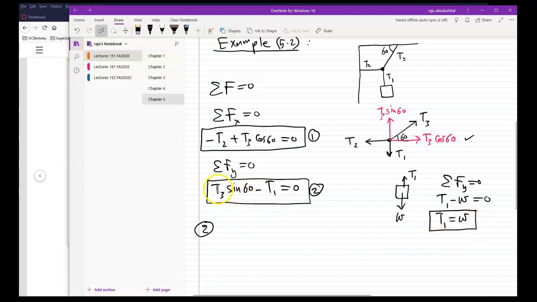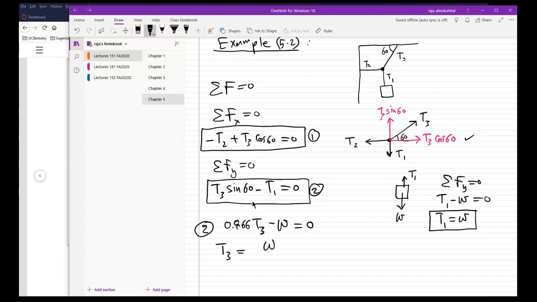And so I can solve for T3 in terms of the weight. You see what I'm saying? So I know that sine 60 is 0.866. I always memorized it. So equation 2 becomes 0.866 T3 minus W equals 0. Is that right? So therefore, I can do that in one shot.